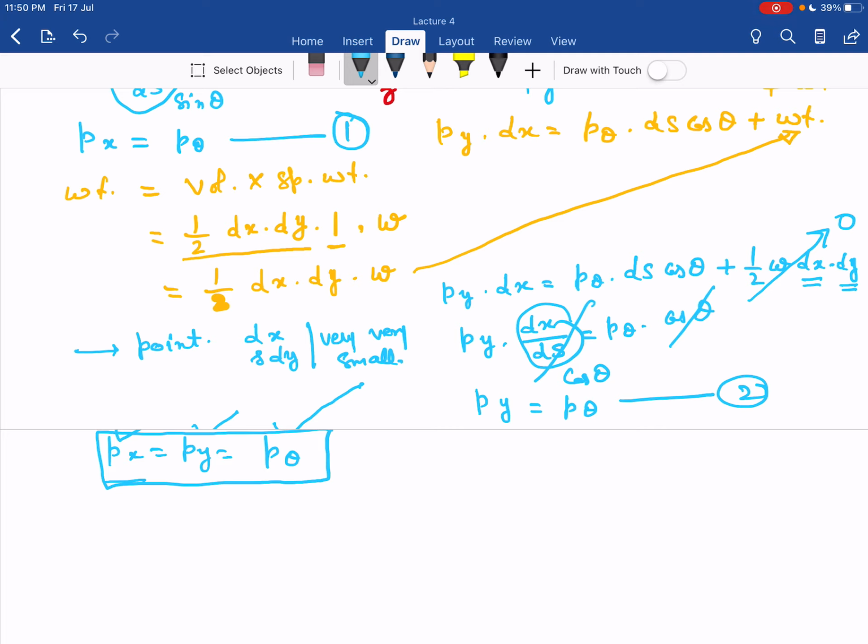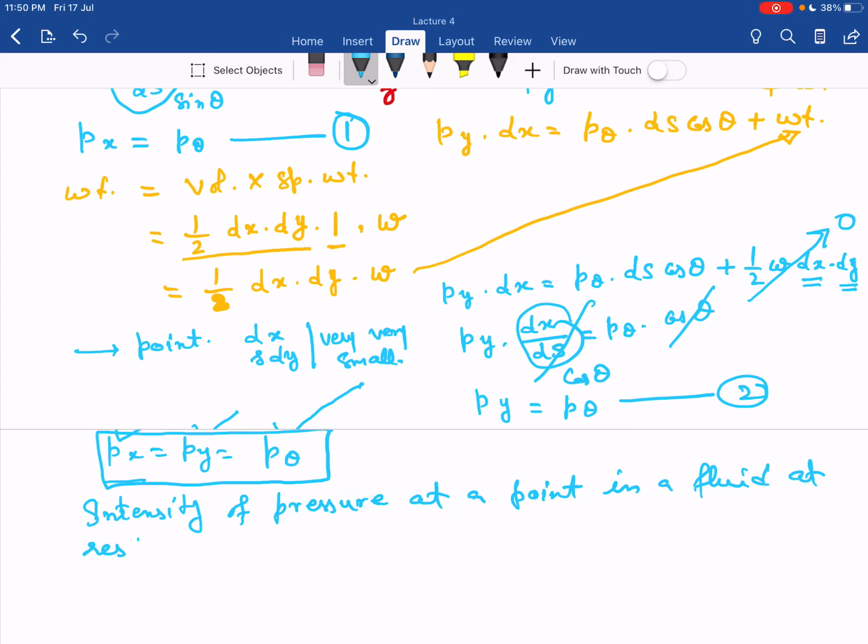So now you can conclude that the intensity of pressure at a point in a fluid at rest is same in all the directions.